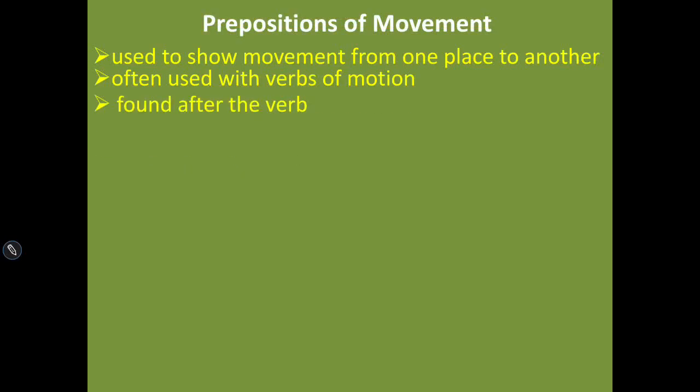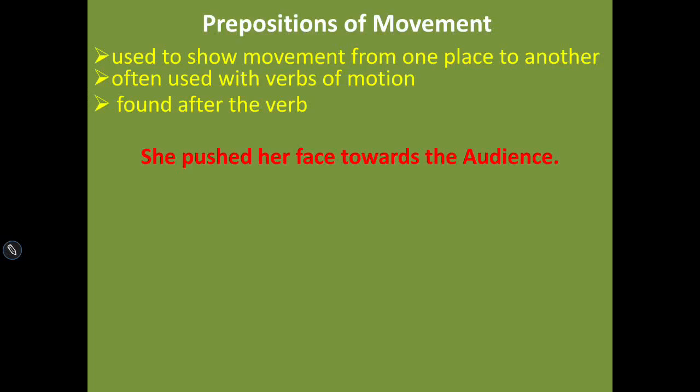They are found after the verb. When you observe the structure of a sentence, you will find that prepositions of movement are always placed after the verb. I have an example. She pushed her face towards the audience.